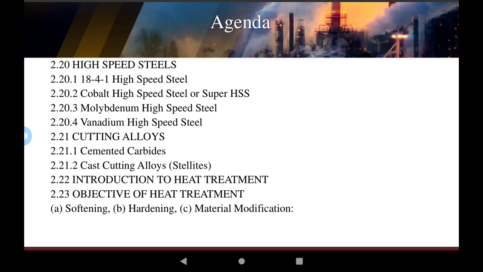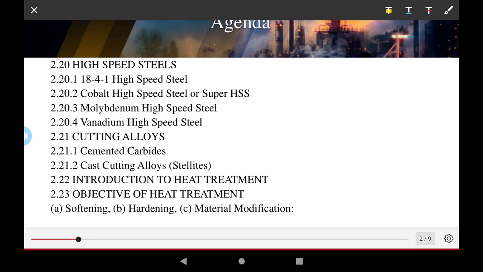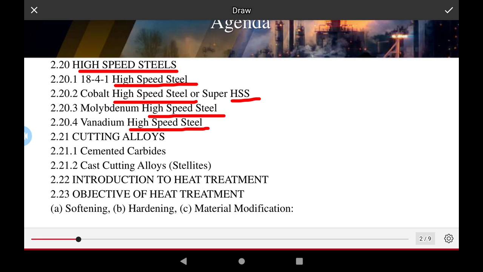Agenda for today. In this video I present some of the alloying elements in steel and their effects. High speed steel: 18-4-1 high speed steel, cobalt high speed steel, super high speed steel, molybdenum high speed steel, vanadium high speed steel.